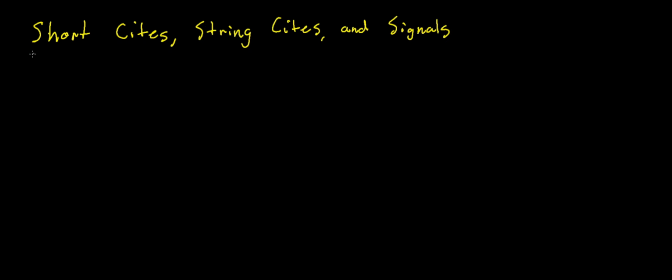In this video, we're going to be talking about short cites, string cites, and signals. In the last video, we learned how to cite a case, and you'll recall that we start with the case name, comma, and the case name is always italicized.